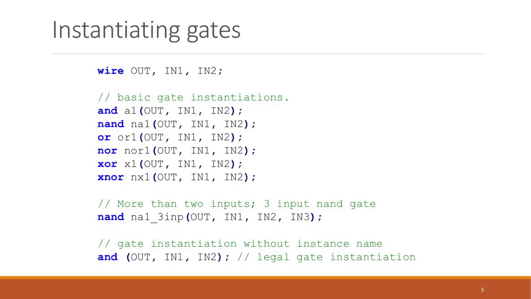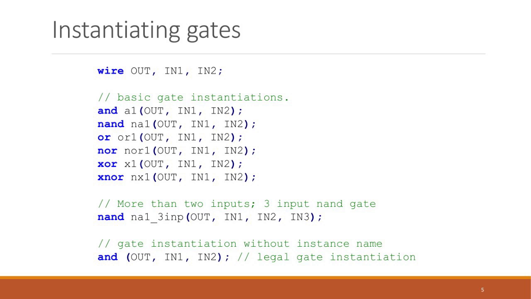Here you can see a few examples of how you can instantiate basic gates in Verilog. The output wire connected to each gate here is named out. The two input wires connected to the gates are named in1 and in2.